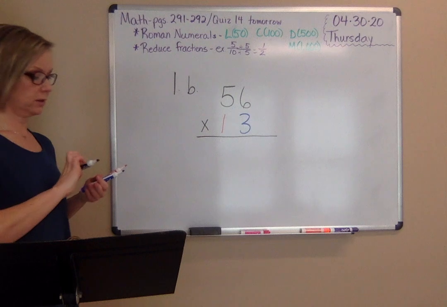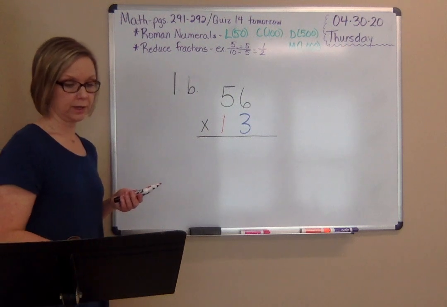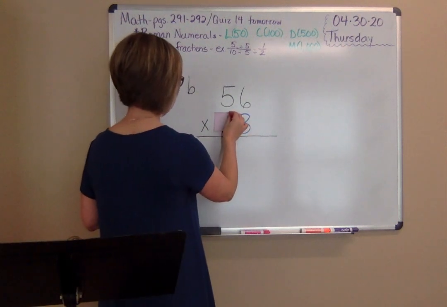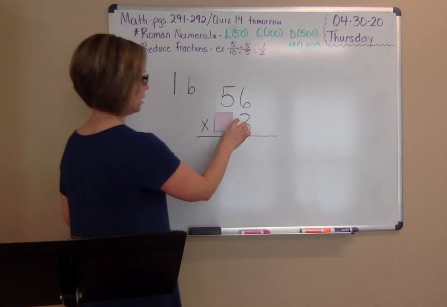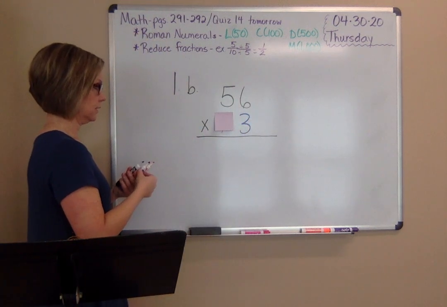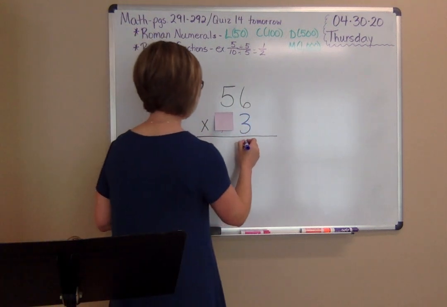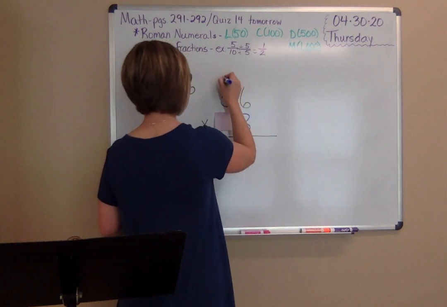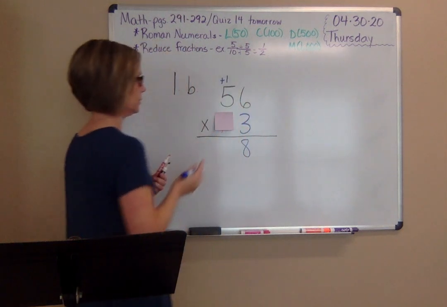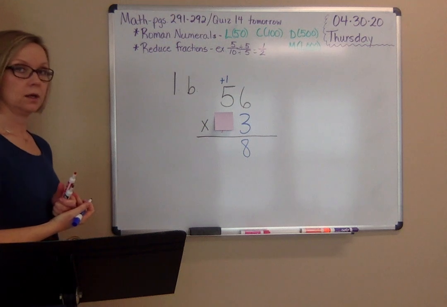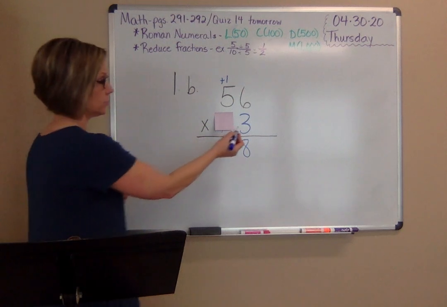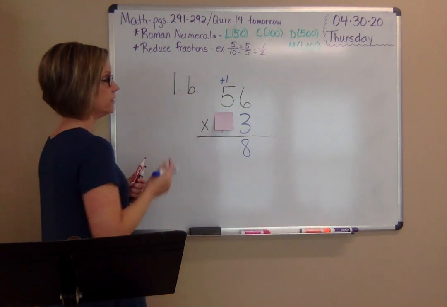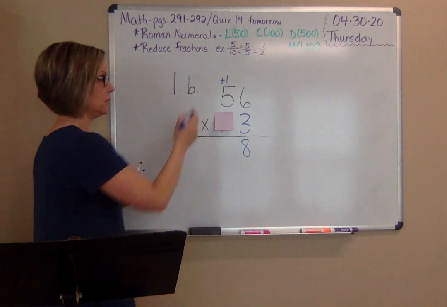So let's start with the ones, the 3 there. That's in the ones column. 3 times 6 is 18. The 8 goes down. The plus 1 goes up. Next step, 3 times 5 is 15.